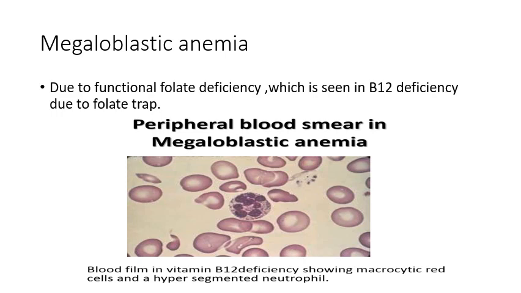If you observe the peripheral smear of a B12 or folic acid deficiency patient's blood sample, we can appreciate macrocytic red cells, bigger in size, and hypersegmented neutrophils. That is the characteristic feature of megaloblastic anemia.